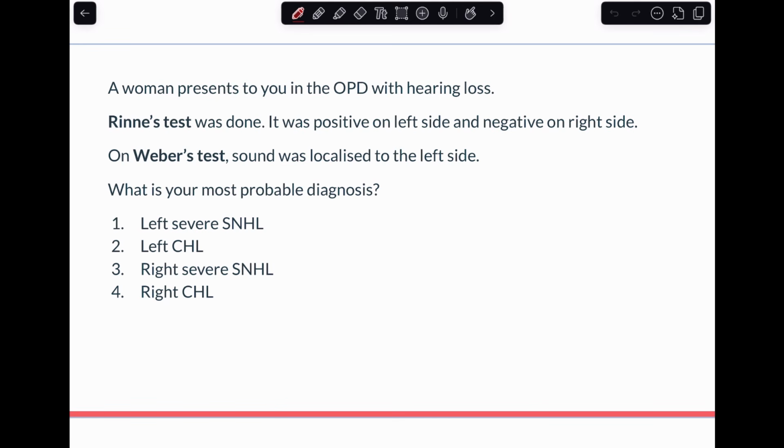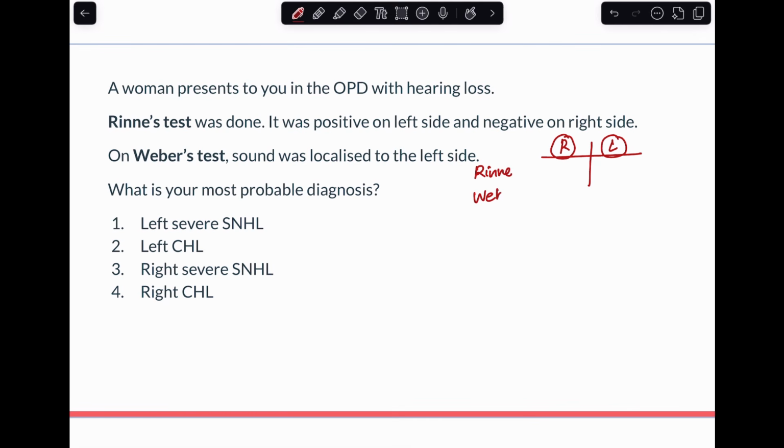Now, when you see such a question, how are you going to approach it? When we start seeing a lot of this positive and that negative, this localized to the left side, it starts getting confused in your head. So our first approach to remember is we will always make a table to see what test is what on which side so that we have it in front of our eyes.